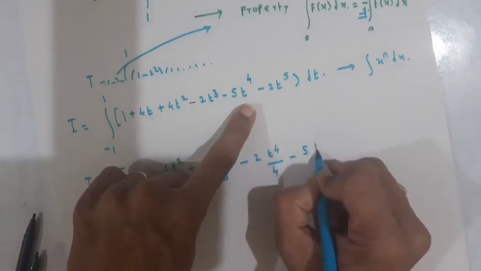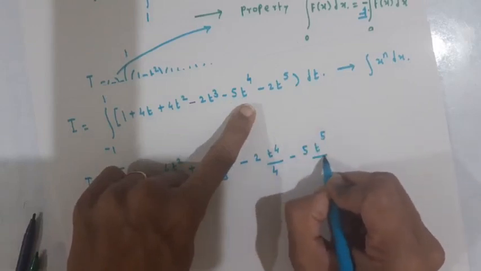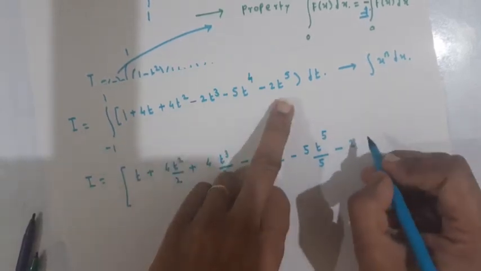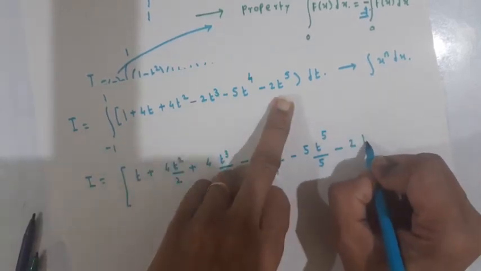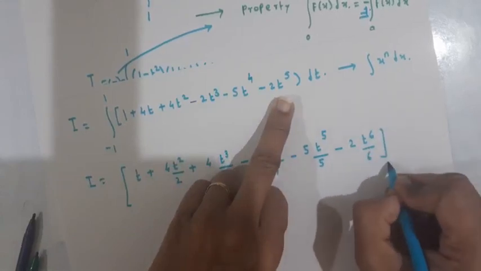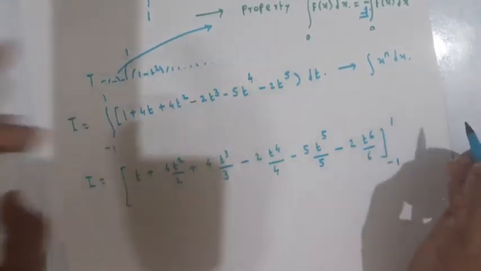Integration of t raised to 4 is t raised to 5 upon 5, minus 2 as a constant. Integration of t raised to 5 is t raised to 6 upon 6. Limit of integration minus 1 to 1.